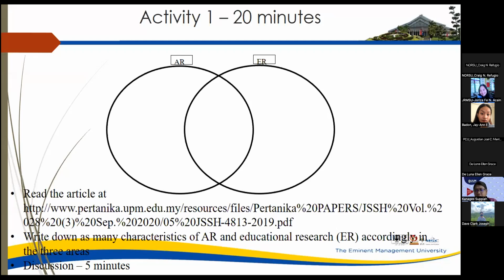Yes, Doc. Okay, so just glance through the article. The article is to give you the first impression, all right? Just to read through, but focus more on the elements of the study and also the elements of reporting action research. So as you do that, you may get some information to fill in this Venn diagram.